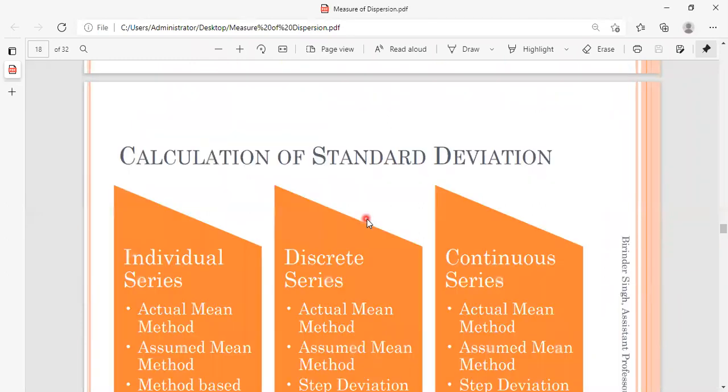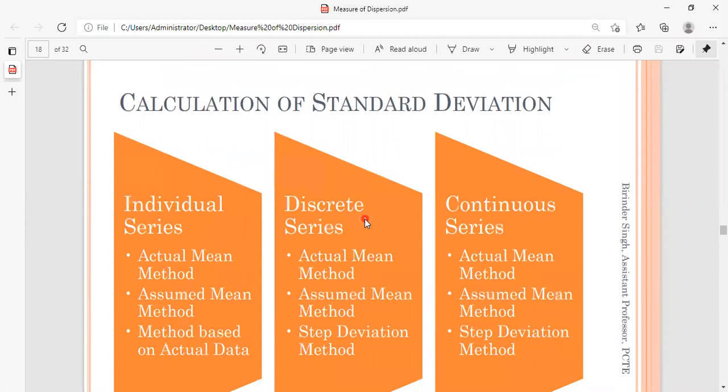Let me move ahead and talk a little bit more about the computation of standard deviation in case of individual series, discrete series, and continuous series. Once we collect the raw data, it can be displayed and presented in three types of frequency distribution: individual series, discrete series, and continuous series.